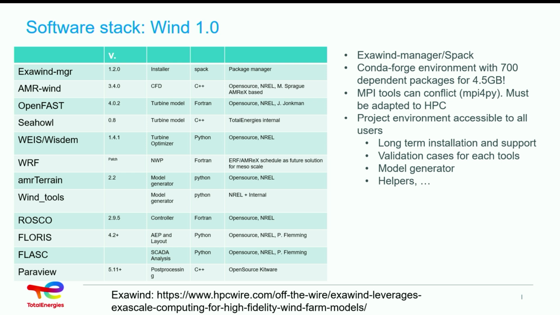OpenFAST is also developed at the National Renewable Energy Laboratory, and it couples aerodynamics, elasticity for the mast and the blades, and the controller of the turbine, a very important part of the turbine, and couples this with the AMR-Wind flow simulation.